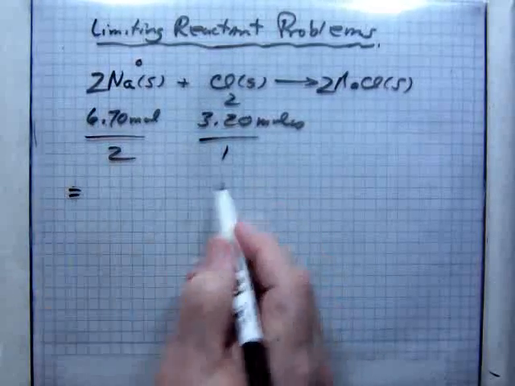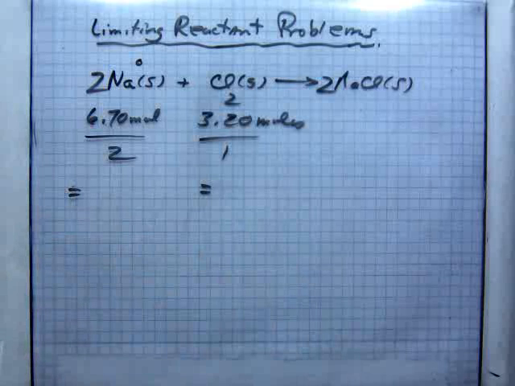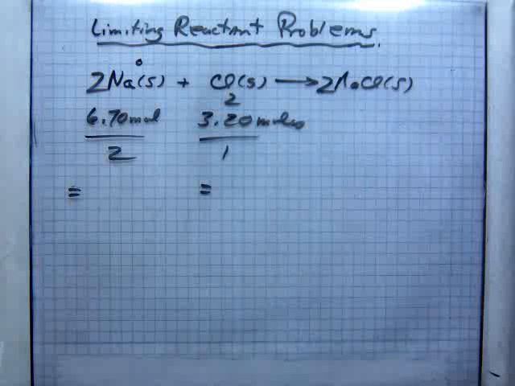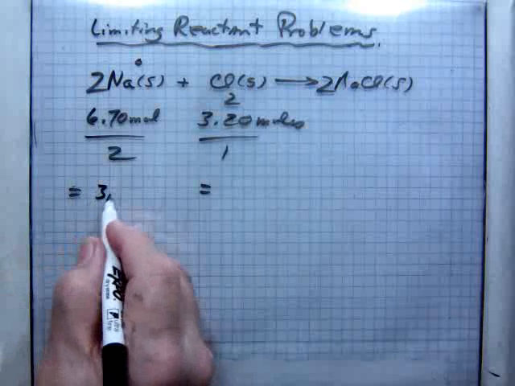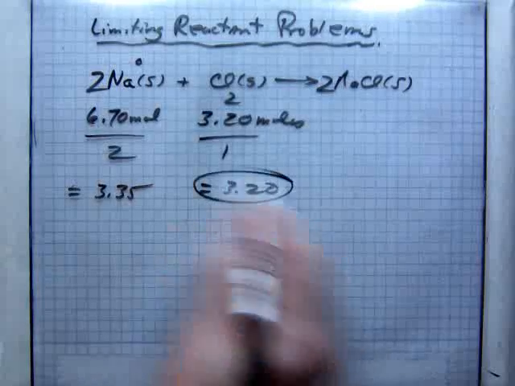So this will give you relative numbers. There is reason, but you don't need that right now. 3.35 and 3.20. So this is a smaller number.